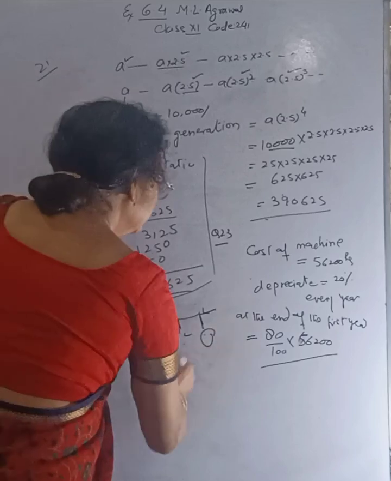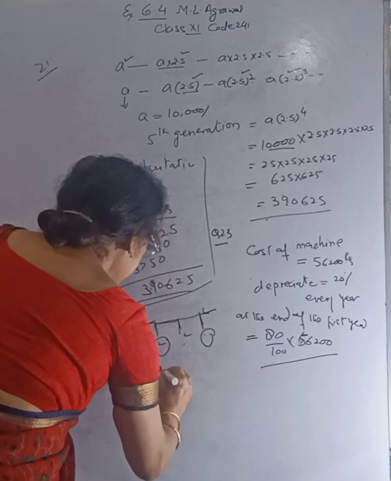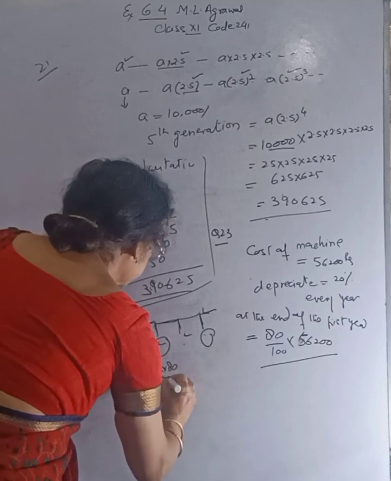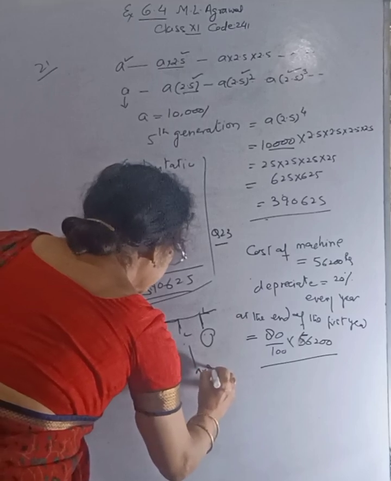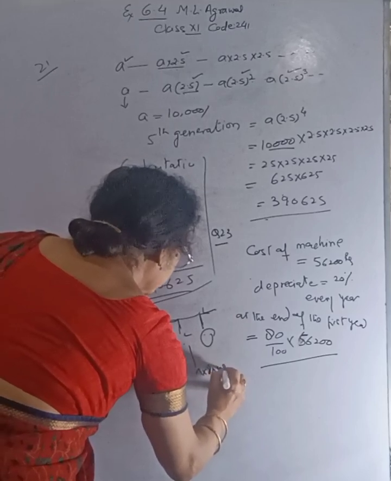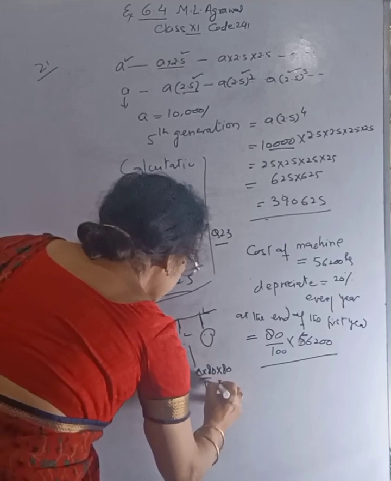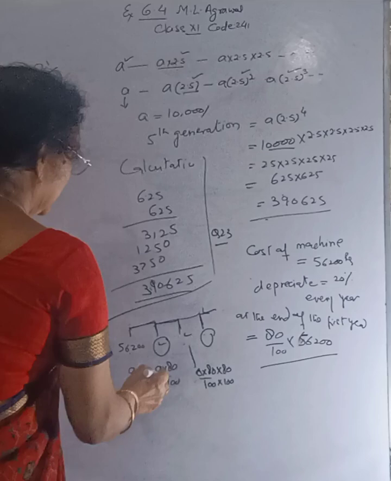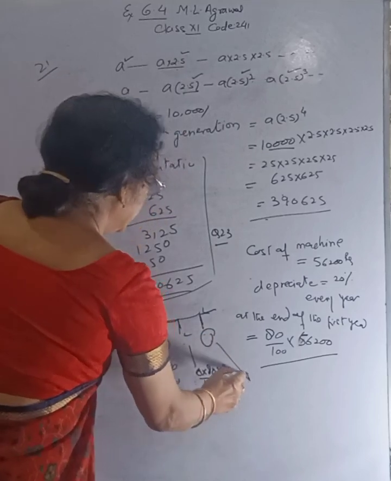It means we can say that this is A. It means A into 80%. This will be A into 80 into 80, two times 80%. And this will be the end of the third year.